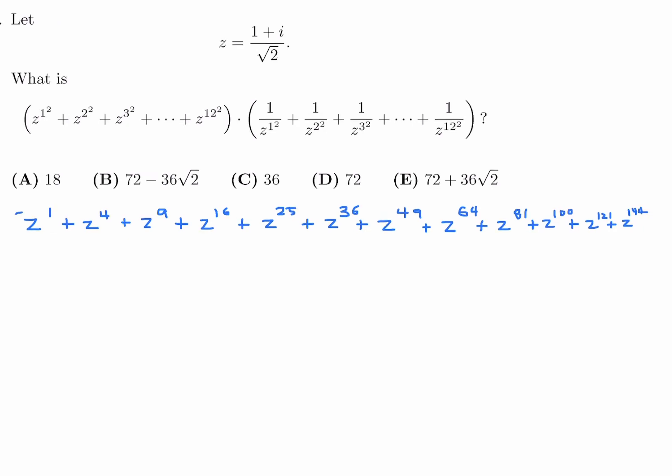And then that will all be multiplied by this big long sum, which is pretty much just the reciprocals, 1 over z to the 1, plus 1 over z to the 4, 1 over z to the 9, and so on.